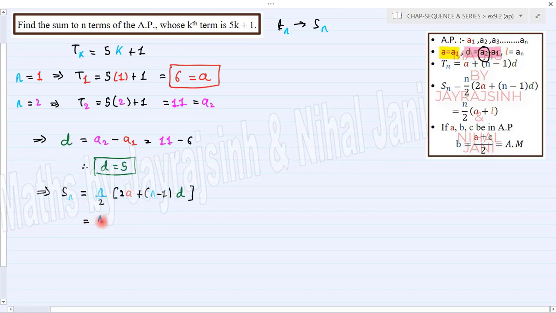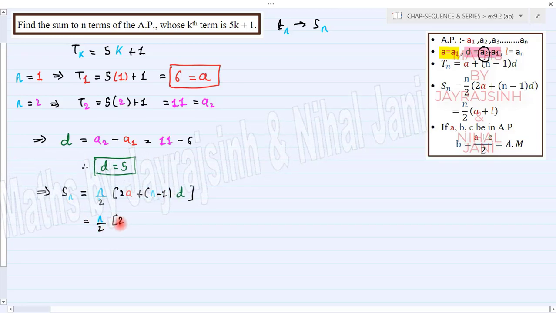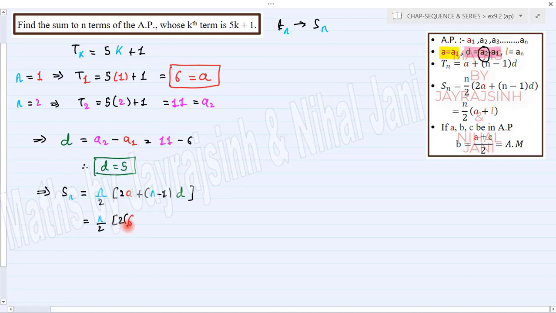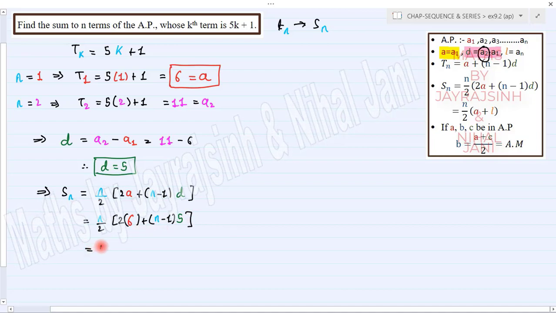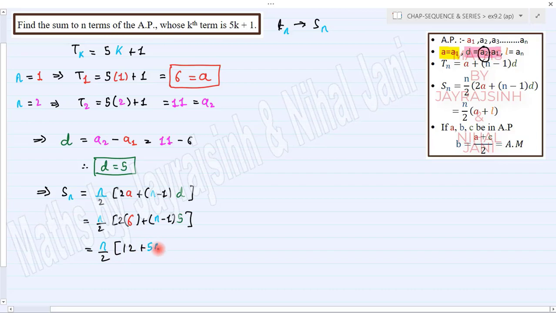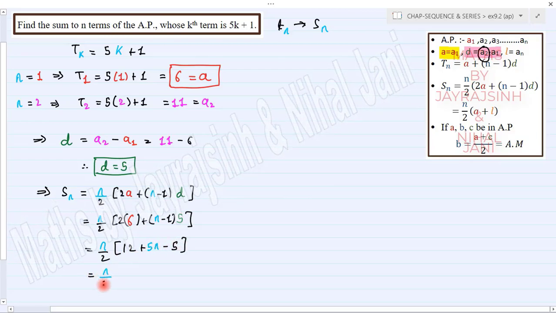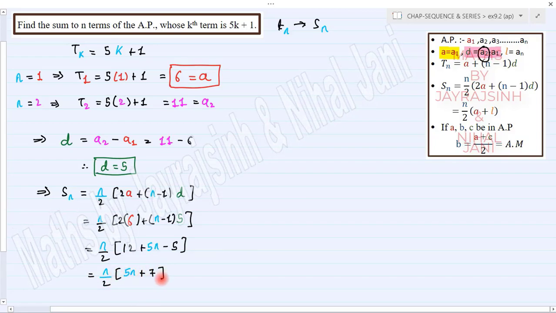Now, we just have to substitute the value of the first term, which is 6, and the value of the common difference, which we obtained as 5. So, we will get n by 2 into 12 plus 5n minus 5, or we can say n by 2 into 5n plus 7 is your required equation.